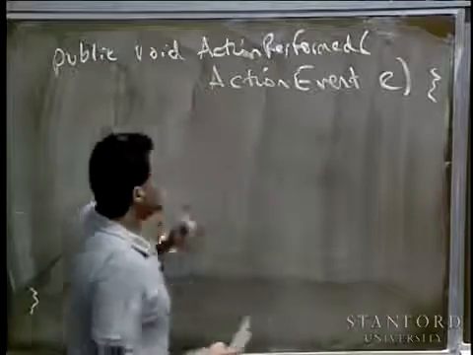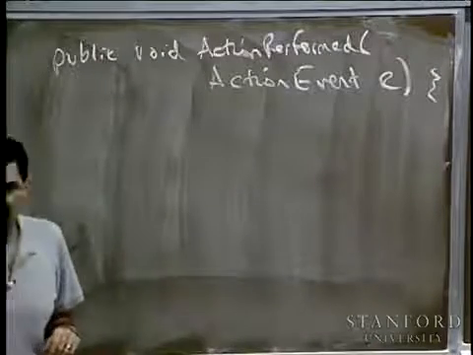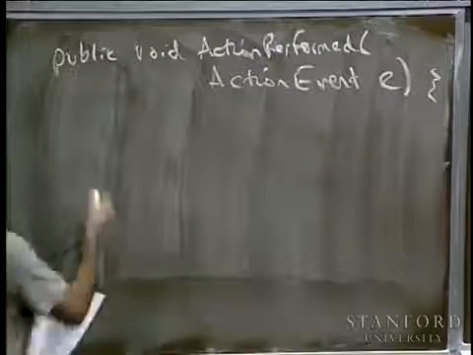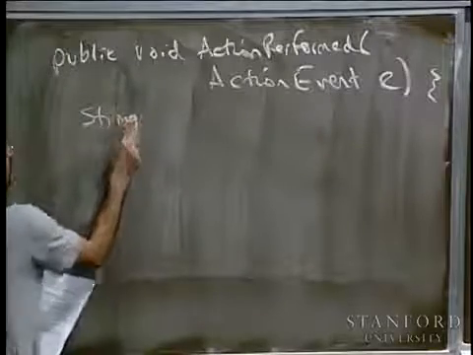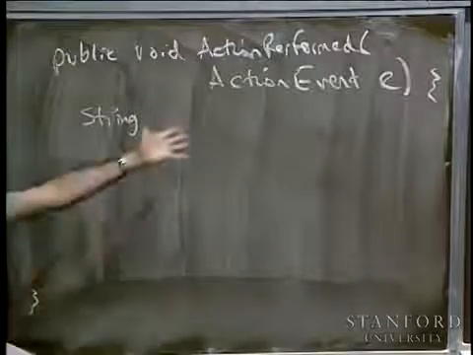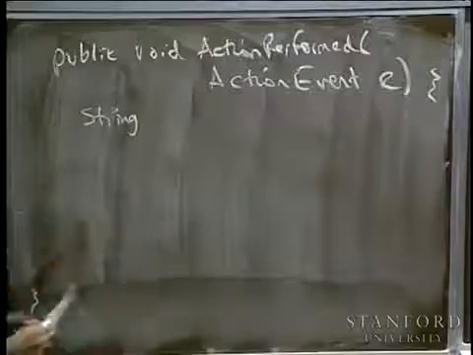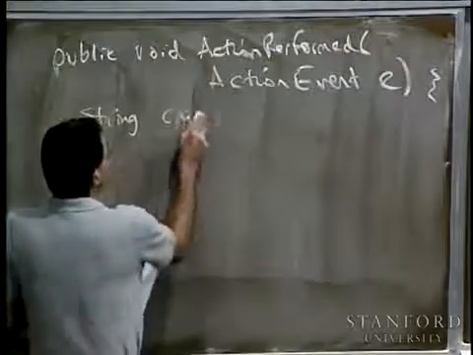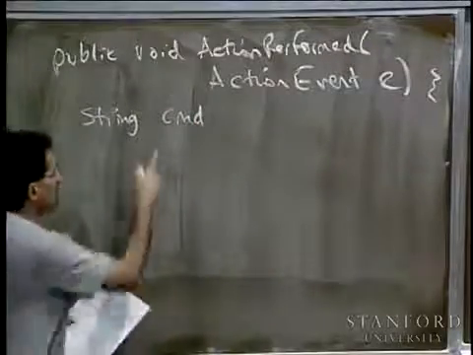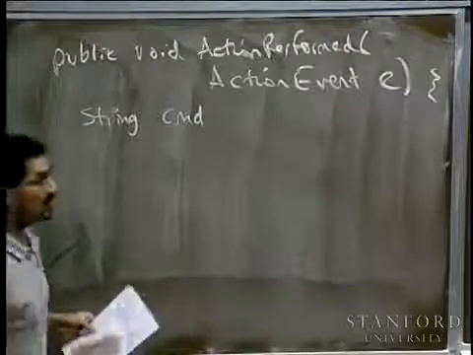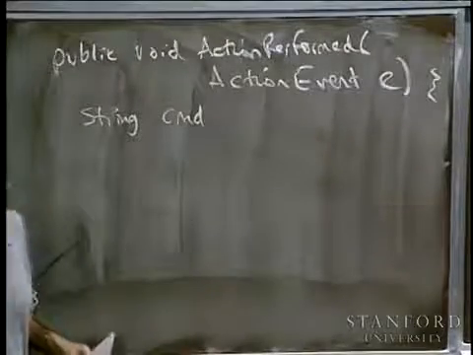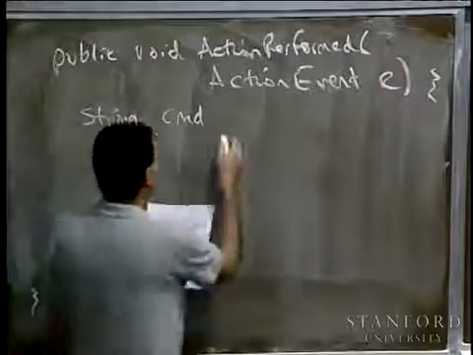Now, when we got this action event, we said there were a couple things you could do with it. There was actually one main thing we talked about: you could figure out which command caused this action event to be generated. I want to pull out as a string, and I'll just call it CMD for command, the command or the name of the interactor that caused this action performed method to be called.